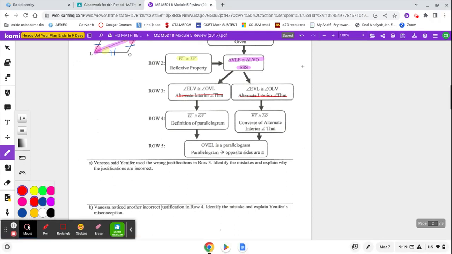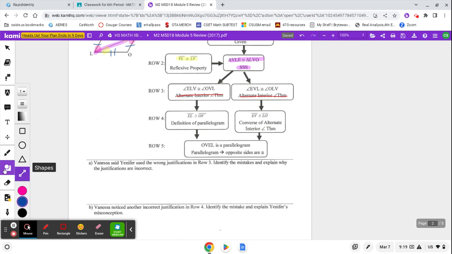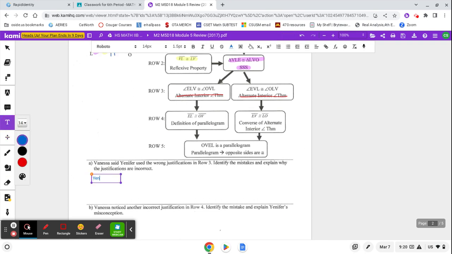And so all we're doing is critiquing this proof. So we're going to say Yennefer proved the triangles are congruent. So now she can say all their parts are congruent by CPCTC.